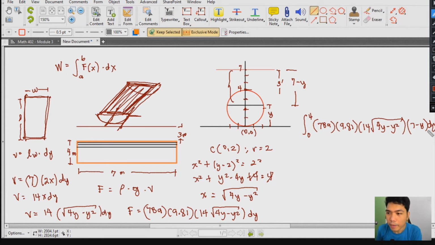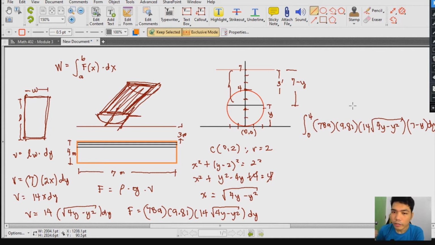So you might be thinking, bakit hindi to y? Kasi di ba y to? And then 0 to 4 naman yung limits mo. So technically, the reason is that, una, kasi yung ating problem is draining. So the limit is actually 0 to 4 still, but since it's draining, hindi talaga siya nag-increase. Parang nagdi-decrease siya ng decrease.